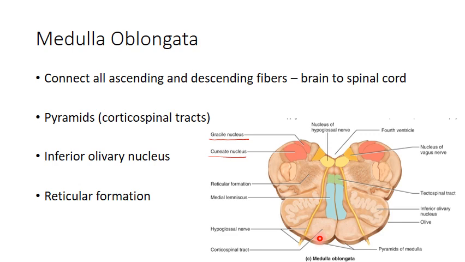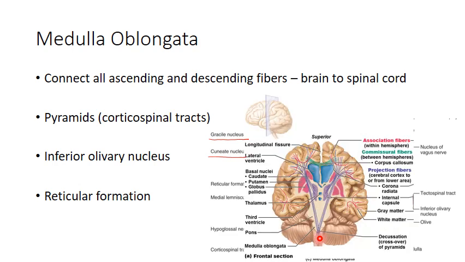I also realized that I had another little image here. When I was talking about decussation or crossing over, this is the crossing over of our motor neurons or motor fibers as they come through the pyramids. We can see coming out of the brain, we follow these purple fibers. From the cerebrum, we're going to send motor messages down and then out through the spinal cord.